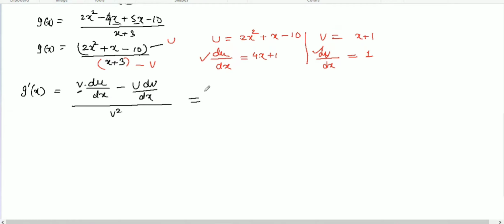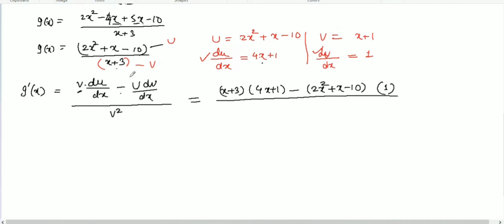So we have v is x + 3 and du/dx is 4x + 1. Then we have a minus sign, minus u, which is 2x² + x - 10, and dv/dx we have 1 here, and then all over v², so v is (x + 3) squared.